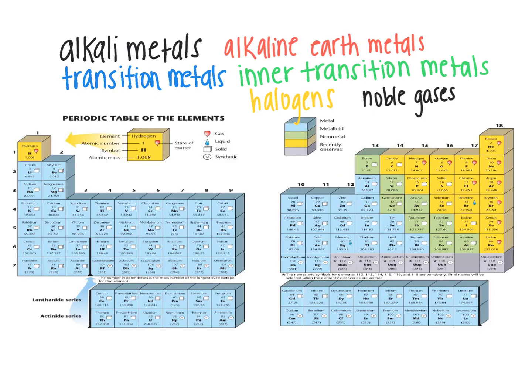Now we are going to look at some of these sections of the periodic table and some group labels, okay? So our first one, alkali metals. All of our alkali metals are located right here. Then when we are looking at our alkaline earth metals, those are all located right here.